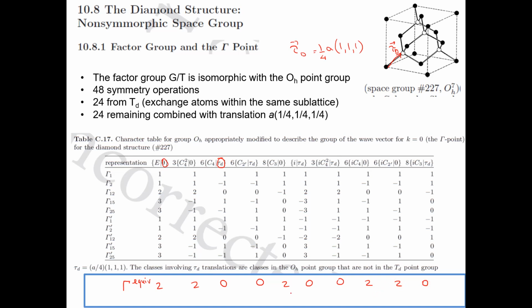And you can then go ahead and decompose, and the result is going to be gamma 1 plus gamma 2 prime, or in the other notation, gamma 1 plus gamma 2 minus. Okay? So this is an example just to show you how you can construct the characters for the equivalence representation at the gamma point.